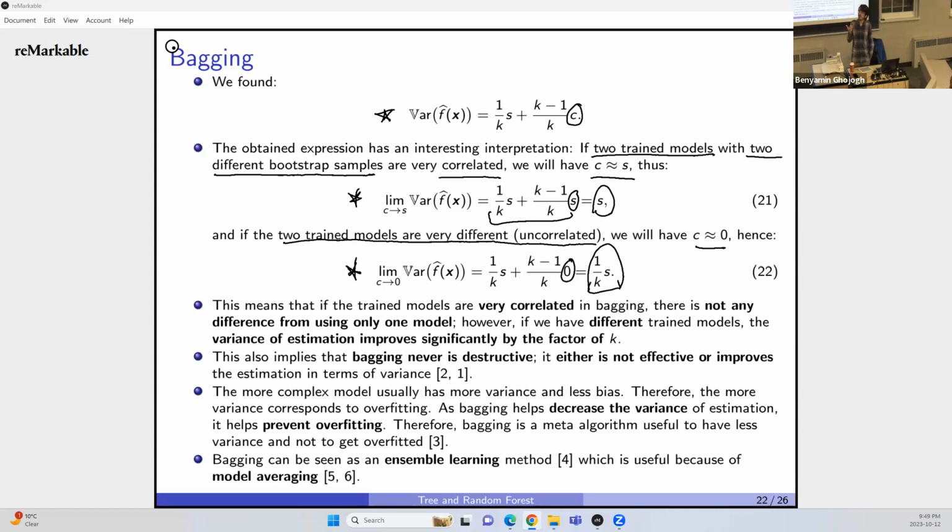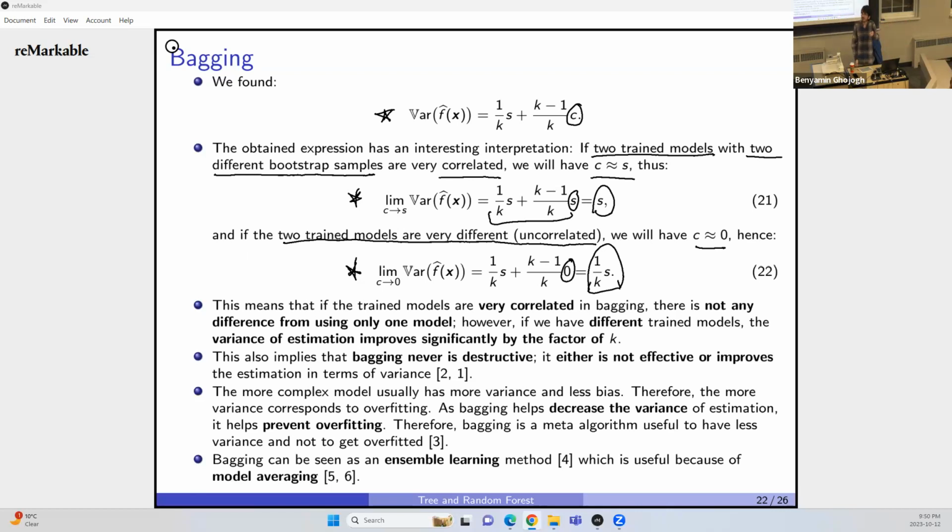Basically, in simple words, in bagging, if all of the models are the same, it's like using one model. You're doing nothing. The variance is still S. But if they are very different from each other, it divides the variance of estimation by k. So it reduces the variance of estimation, right?